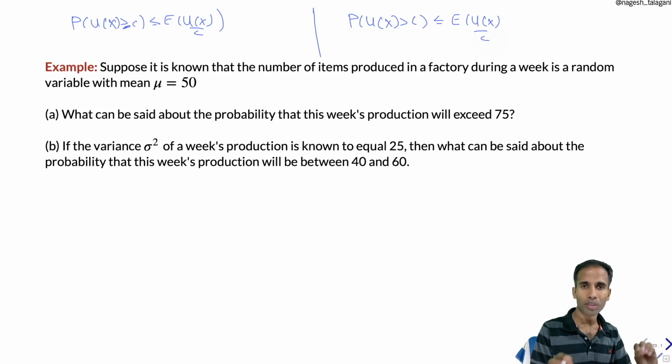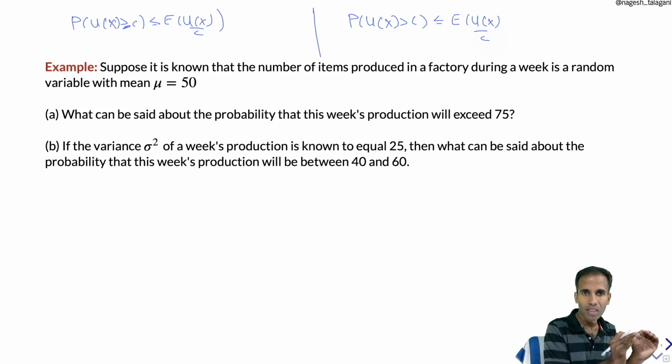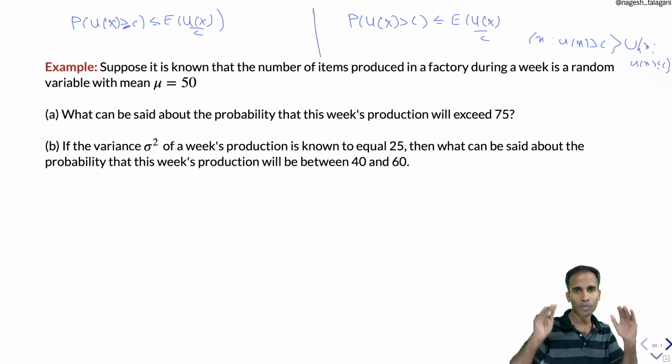We can also prove it in the same way. The only thing is, when we break the integral into two parts, we break over the domain x such that u of x greater than C, and another part will be x such that u of x less than or equal to C. That's it. Okay, everything else will be the same.